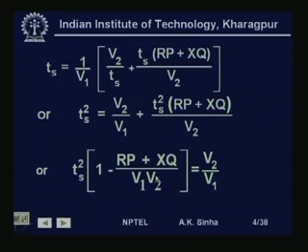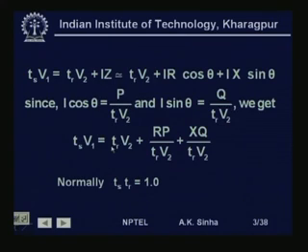Then if we do that, then we can write T r is equal to 1 by T s, and therefore, substituting that we get V 1 T s is equal to V 2 by T s here, T r into V 2. So, T r into V 2, I am writing T r as 1 by T s.